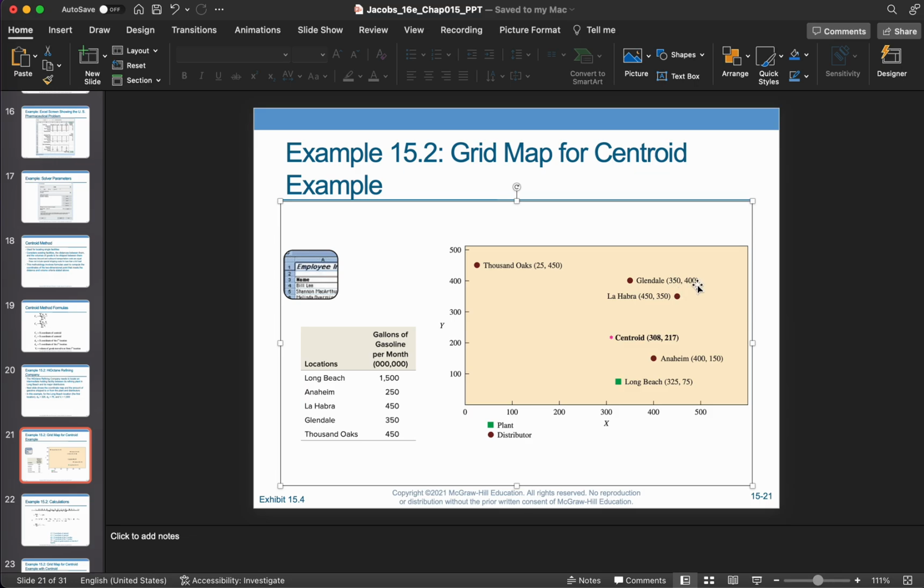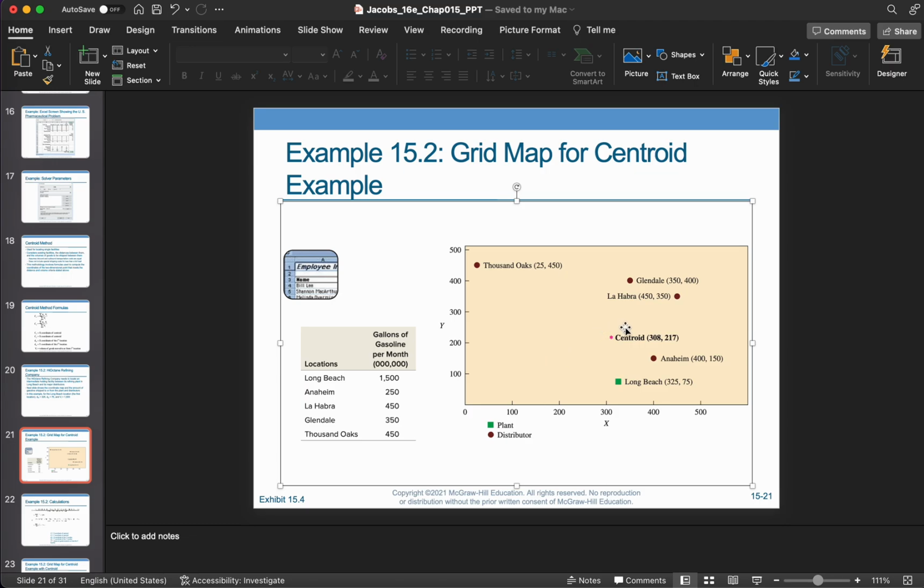Glendale is at 350, 400, La Habra at 450, 350, Anaheim at 400, 150, and Long Beach at 325, 75. From each of these locations, we know the flow, the number of gallons of gasoline required per month: 1500 to Long Beach, 250 to Anaheim, 450 to La Habra, 350 to Glendale, and 450 to Thousand Oaks.